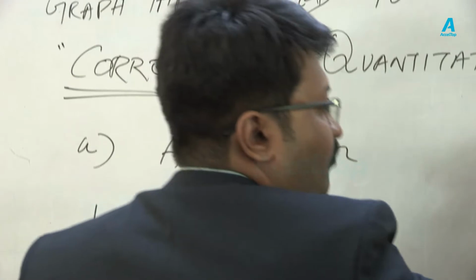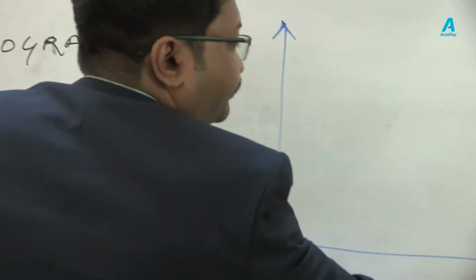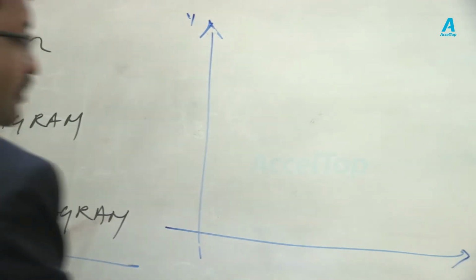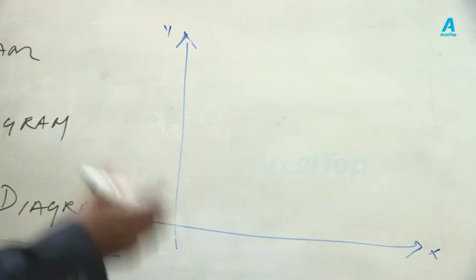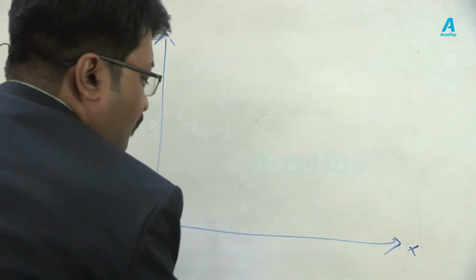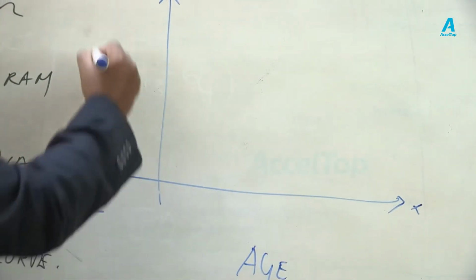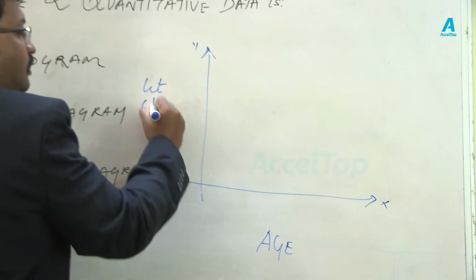By scatter diagram we mean there is an x-axis and there is a y-axis, and in the x-axis we have the independent variable. Say we want to find out the correlation between age of a person and weight of a person. So we have age in years and weight in kgs.